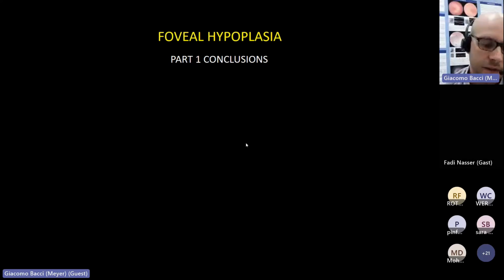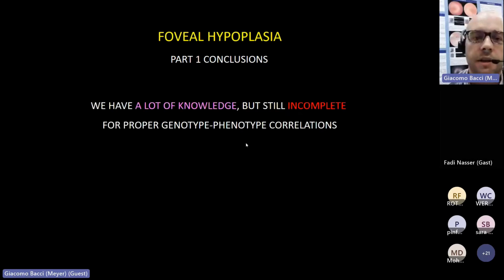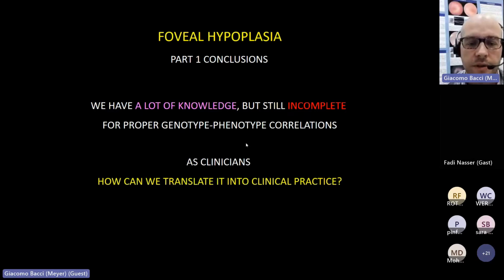So at the end of this first part, we can conclude that we have today a lot of knowledge about foveal hypoplasia, but it is still incomplete for a proper genotype-phenotype correlation.